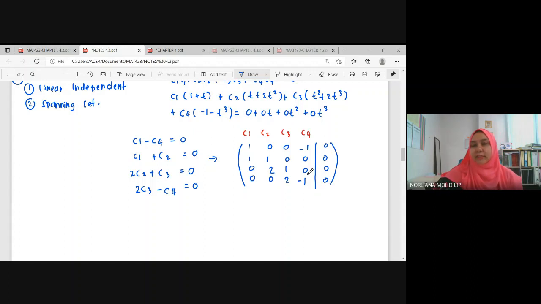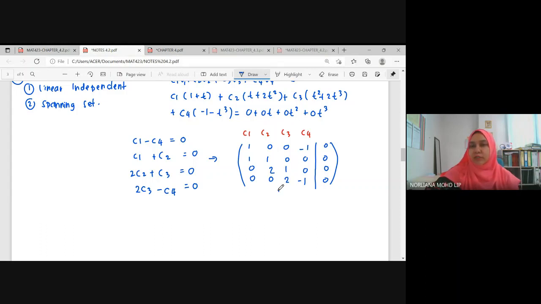Okay, yang ni method kita boleh gunakan, method untuk determinant kan kat sini. Sebab dia 4 by 4 untuk coefficient. Jadi tak perlu proof yang panjang.